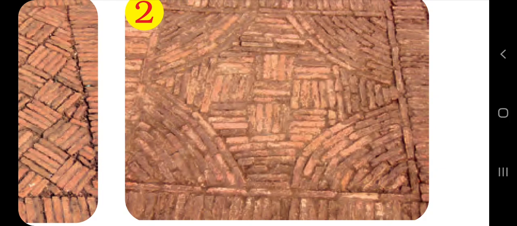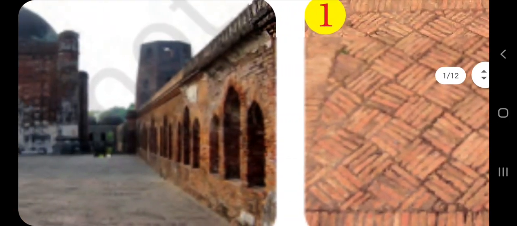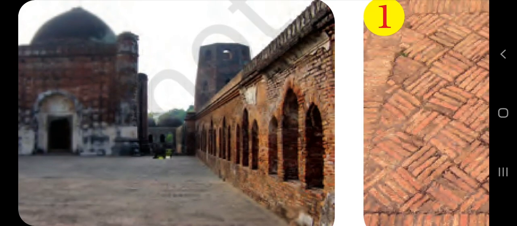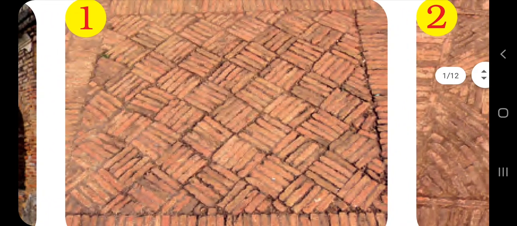So, what we see here? A circular structure or an arc is on the top of doors and windows. There is a square type of structure which is surrounded by the bricks.